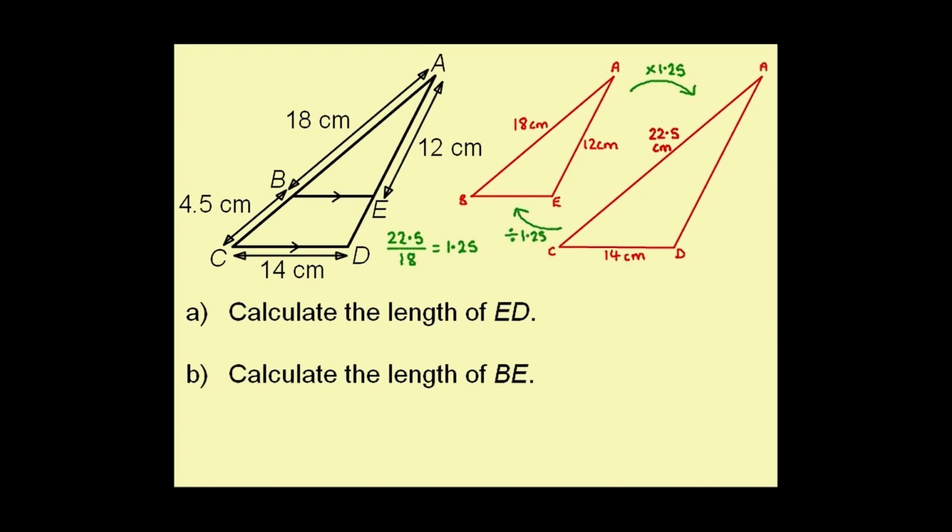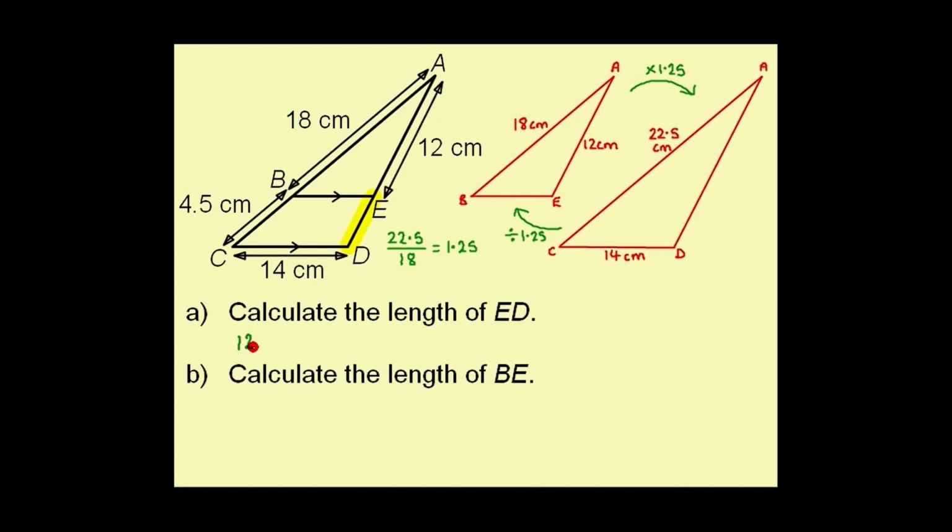Now that I know the scale factor, I'm ready to look at the question. I'm asked to calculate the length of ED. That's this length here. So to find that, I need to find the length of AD and then take away 12. So to find AD, I know the corresponding side is 12 and I need to multiply this by 1.25.